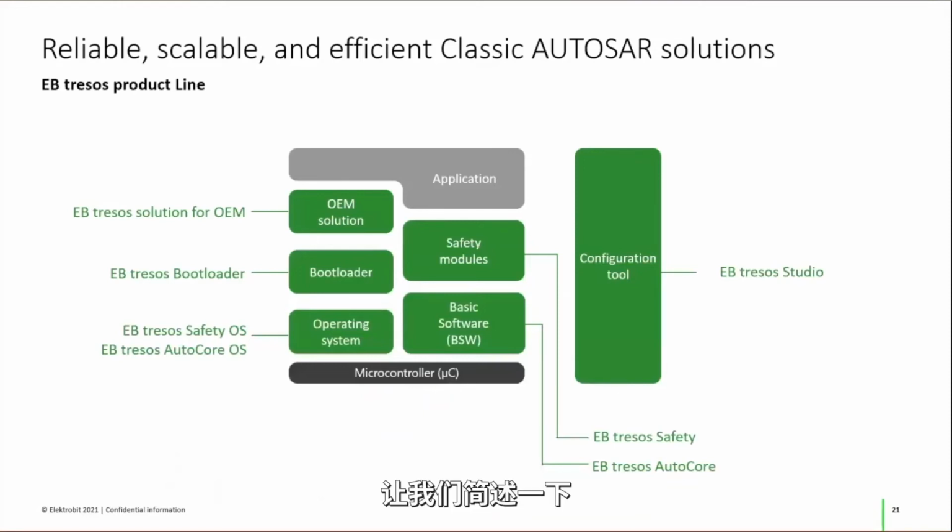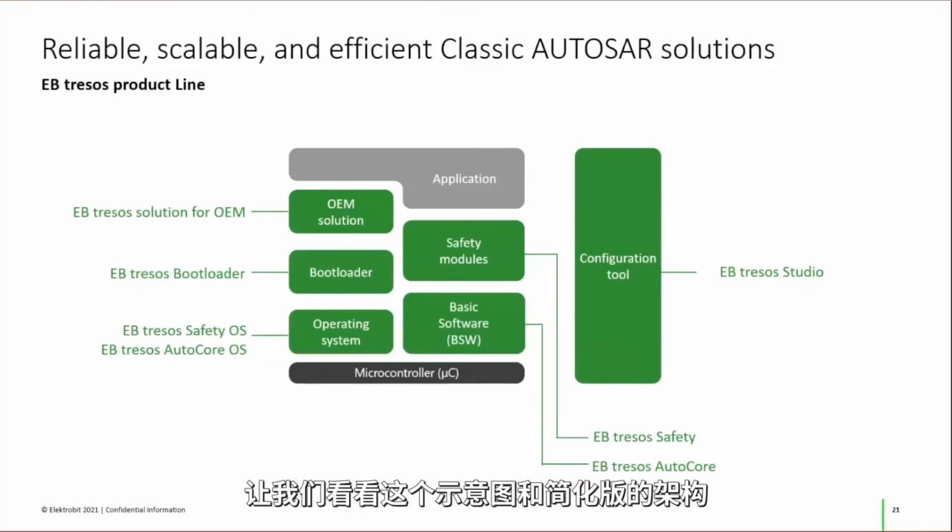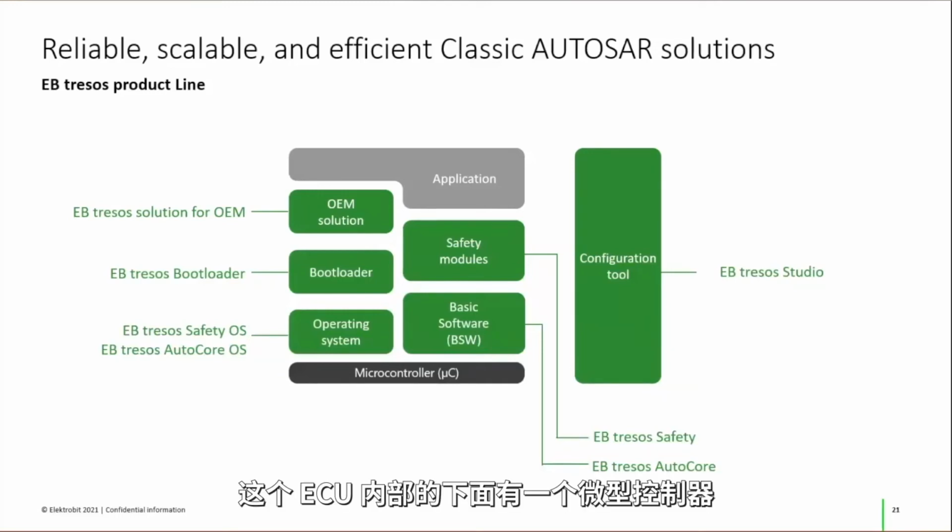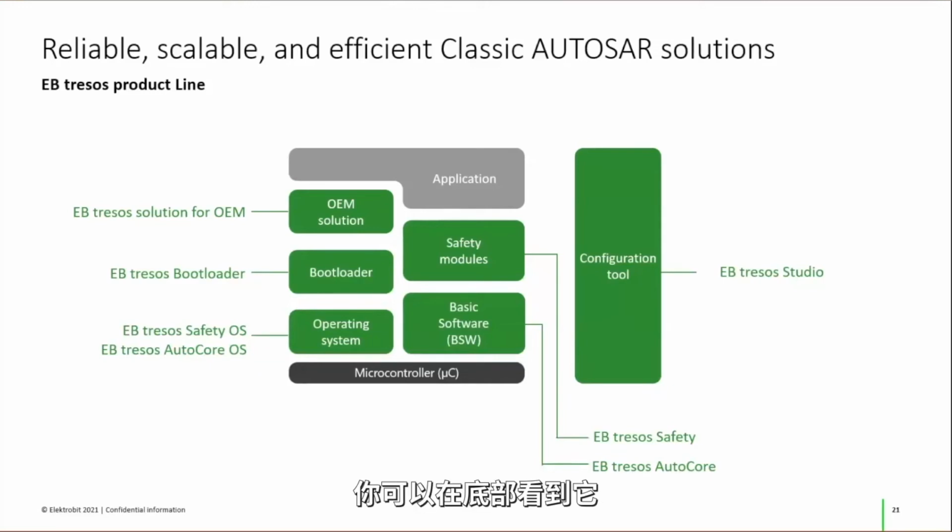So let's have a brief overview of what is inside the EB tresos product line. Let's have a look at this schematic and simplified architecture. Inside one ECU with one microcontroller underneath, you can see it at the bottom.